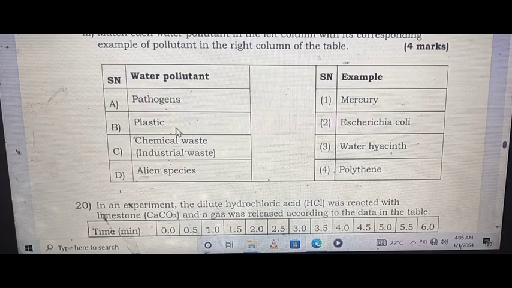B. Plastics. Match to 4, pollutant. C. Chemical waste. Match to 1, mercury. D. Alien species. Match to 3, water hyacinth.